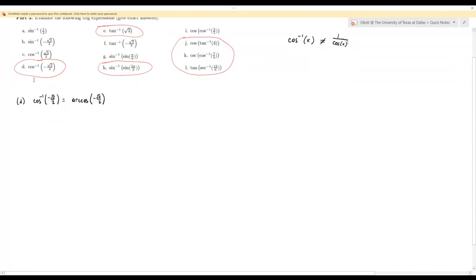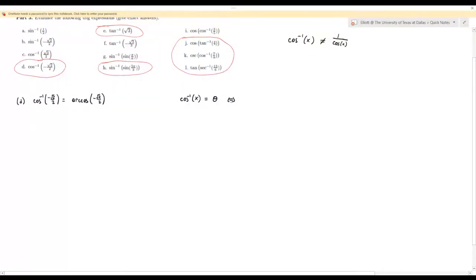Okay, so let's talk about how the inverse trig functions work. We'll start with inverse cosine because that's what we have in this problem. All of the inverse trig functions output an angle. So when you have the inverse cosine of something, that gives you an angle, and you need to think about which angle that would be.